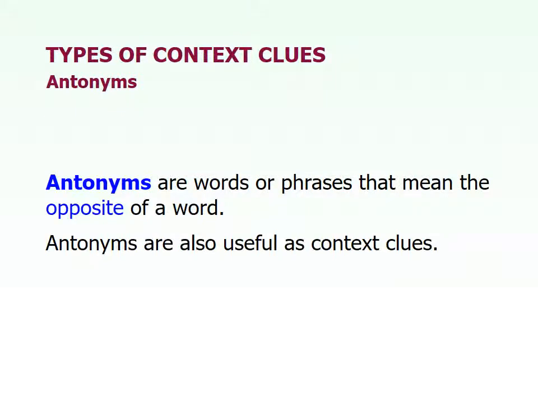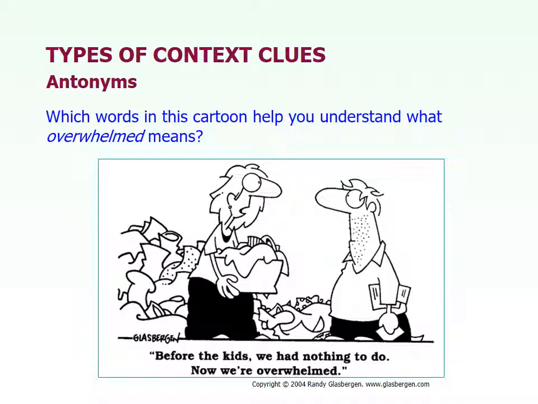The next one is antonyms, and antonyms are the opposite of synonyms. Antonyms are words that mean the opposite of another word. But just like with synonyms, when we're looking for an antonym, normally we're looking in the other sentence or the other part of the sentence. So if we look at this one: before the kids, we had nothing to do. Now we're overwhelmed. The word we're trying to figure out is overwhelmed.